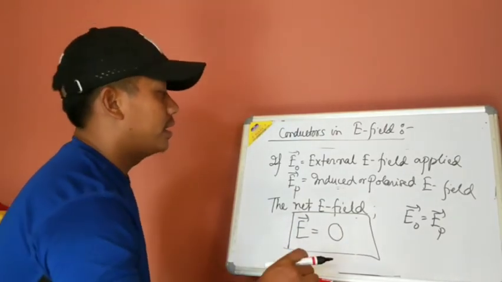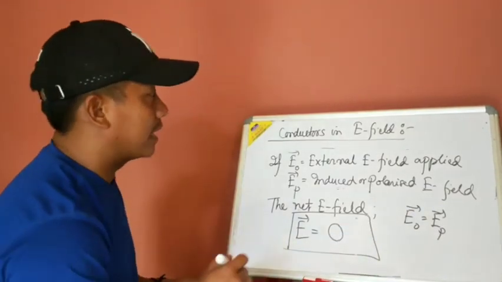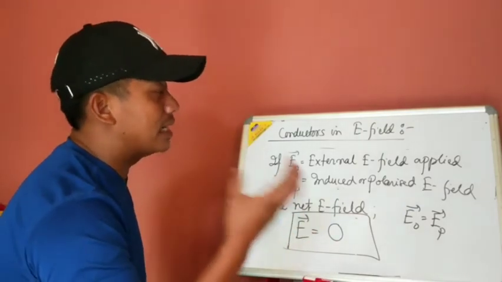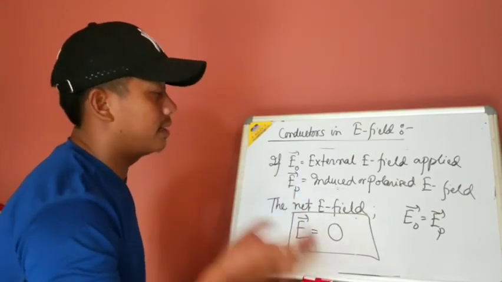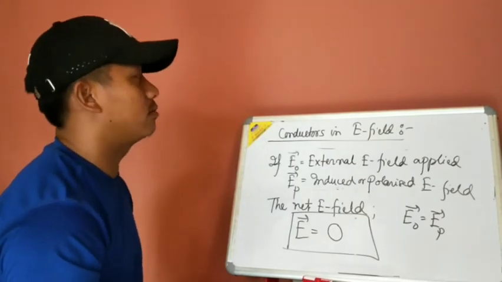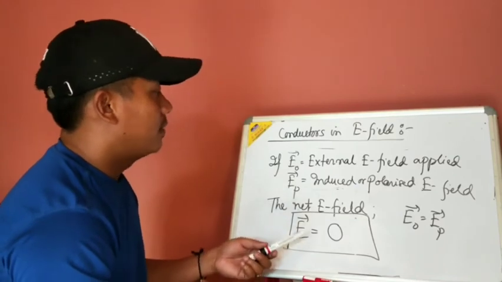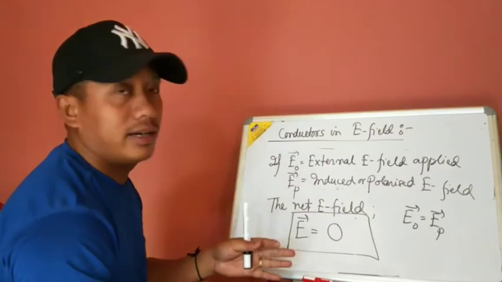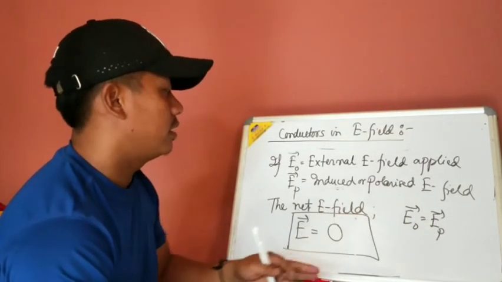That's why in Gauss theorem also you have found that inside the conductor, even when it is placed inside an electric field, the electric field value inside the material is always zero. Likewise, in the case of conductors, the values of E naught and EP will be the same, and when you subtract the resultant of these two, you will get zero.